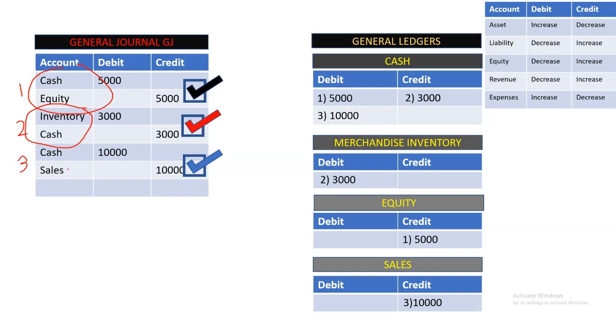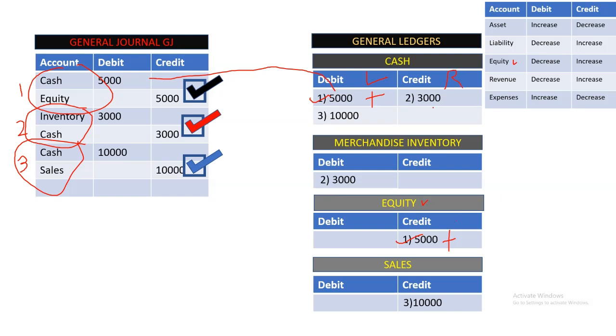And then the sales worth 10,000. So this entry right here goes here and here, right? Here's the equity, and if you notice, it is an increase because this is equity, and this is an asset, and therefore this is an increase because this is on the left side and this one is on the right side.